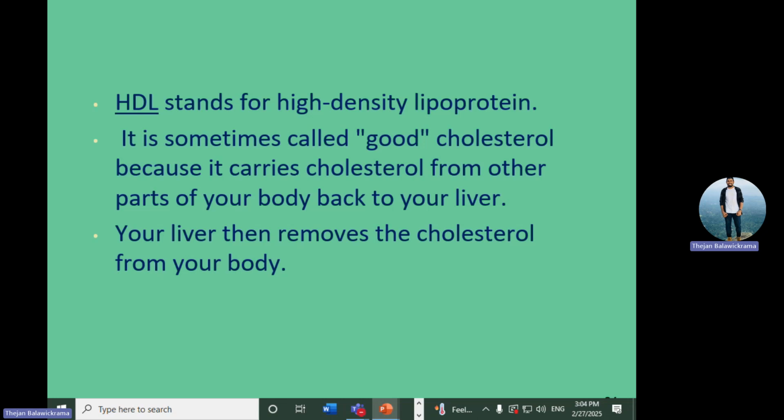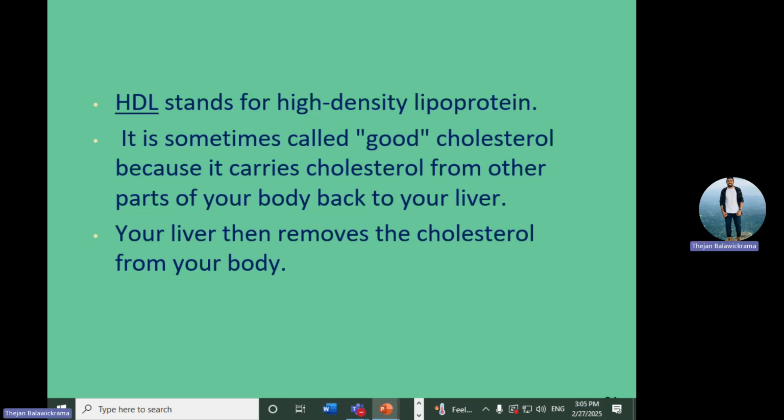HDL, the high density one, is the good one. Every single cell in the body has cholesterol, and it has functions and reasons to be there. But if you have too much cholesterol in a cell, that is a problem. So what does HDL do?